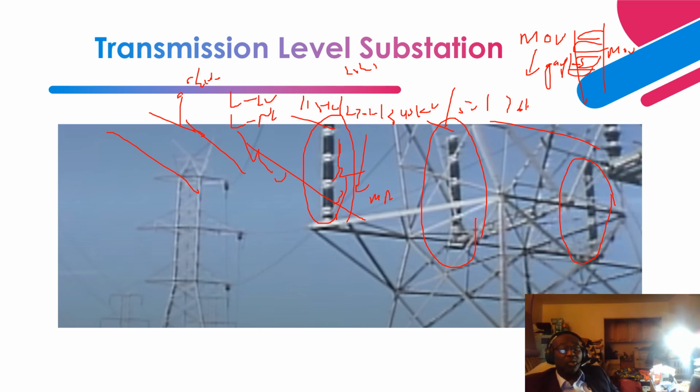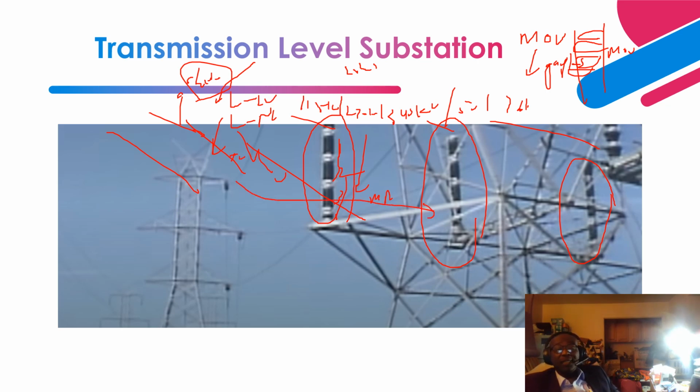Sometimes these lightning strikes can come at an angle where the shield wire might not be able to protect the phase conductors. Once it hits the phase conductors, they form a traveling wave and try to enter the substation.